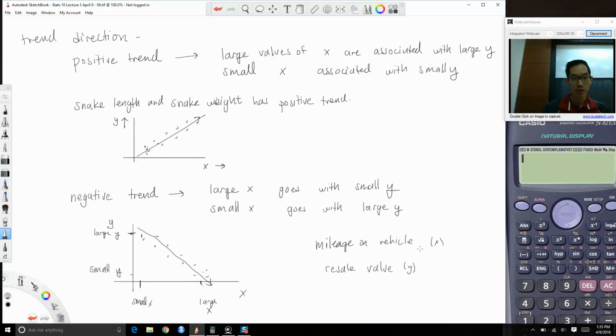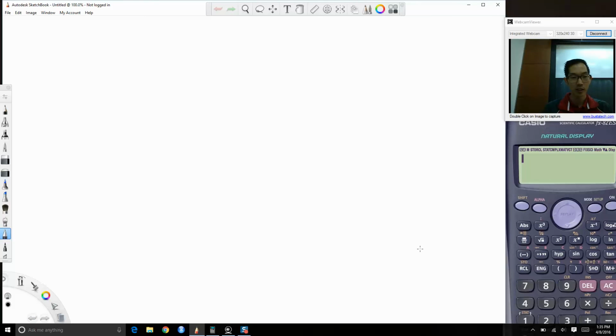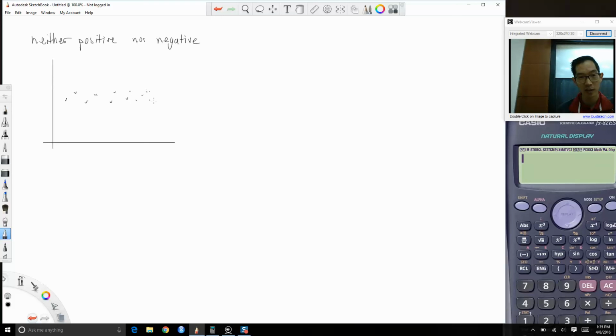Okay, so that is positive or negative, and then if it's neither positive nor negative, something that looks like this, where you have a kind of flat trend.